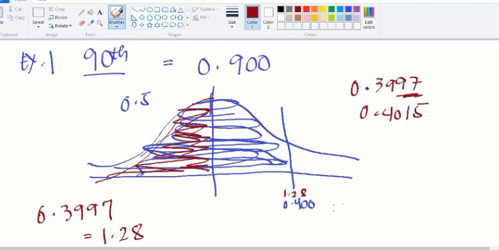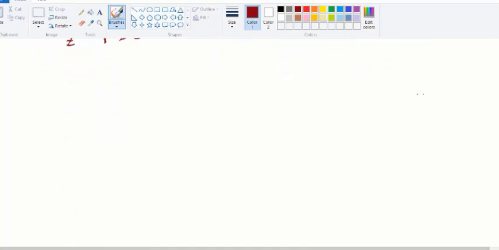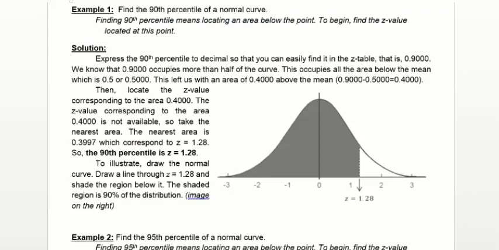So, the z-value is 1.28. The 90th percentile has a z-value of 1.28. Okay. So, next. Let's try a different example. This is example 2. Okay, so 95th.